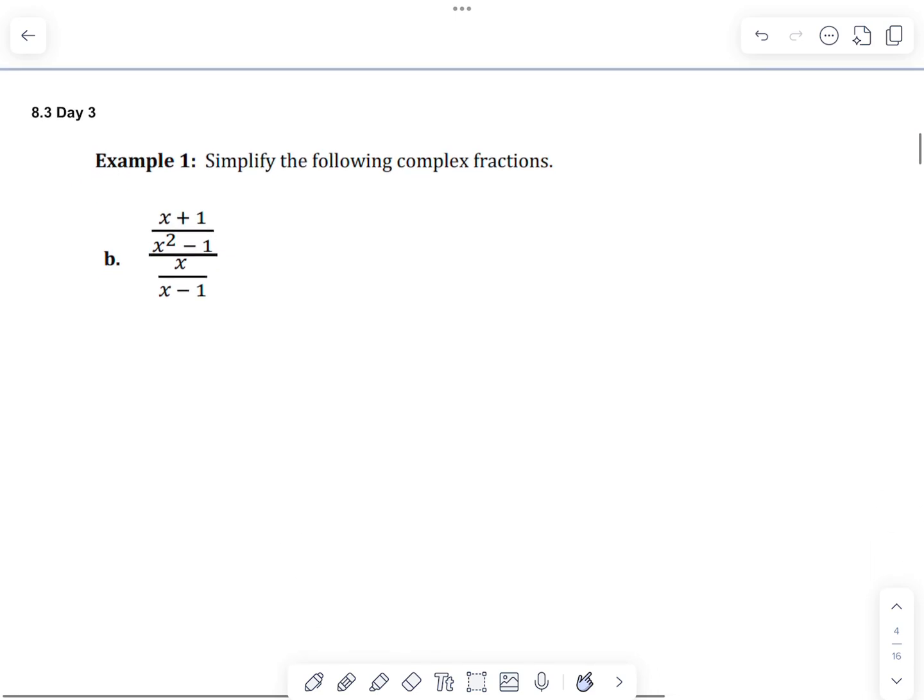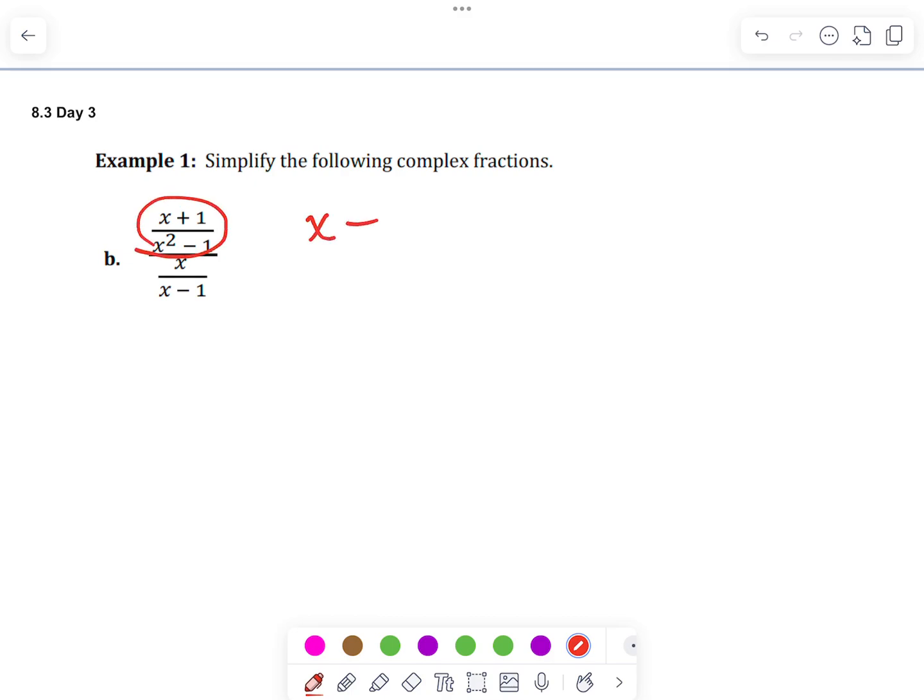All right, here's our second example. We're going to keep x plus 1 over x squared minus 1. Then I'm going to change this to multiplication and then flip the second fraction.